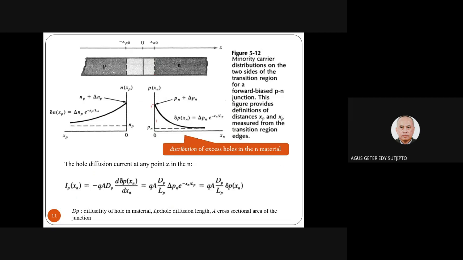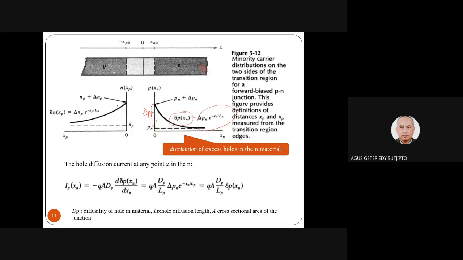This is delta Pn. The concentration of holes will reduce when moving away from the edge of the depletion region. So in this region further to the right it is Pn, but in this region the concentration of holes depends on the degradation of the holes.